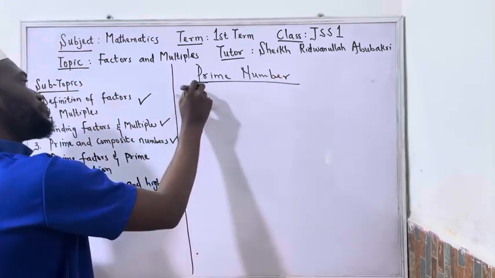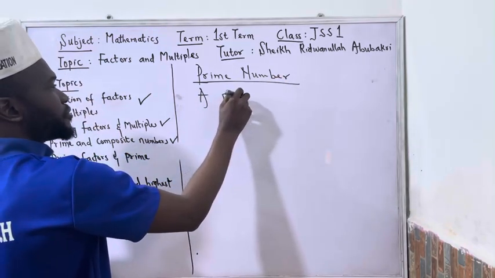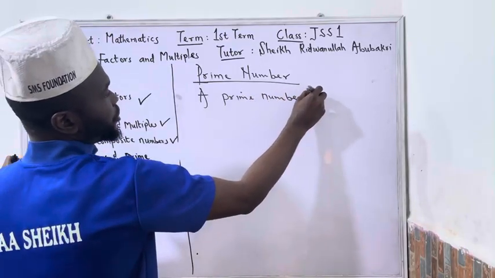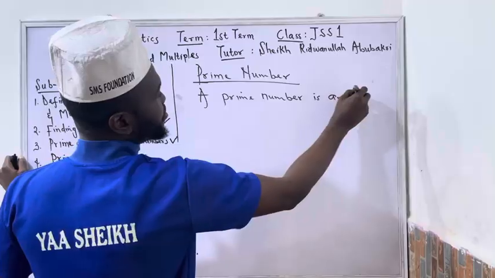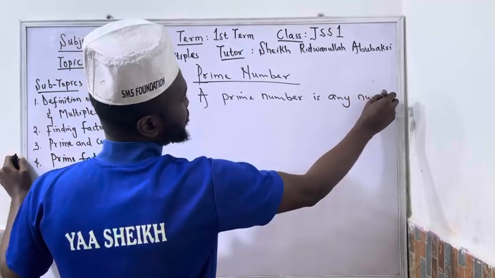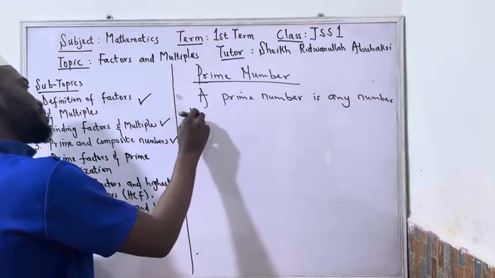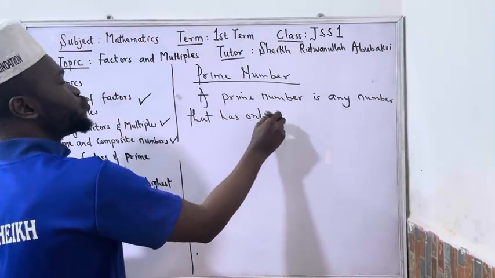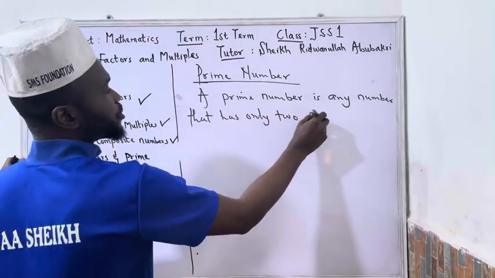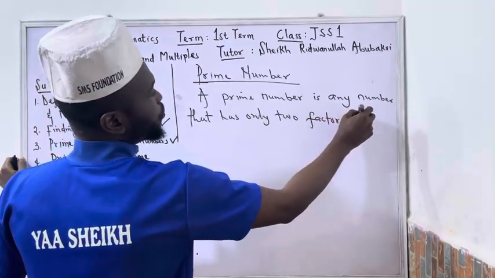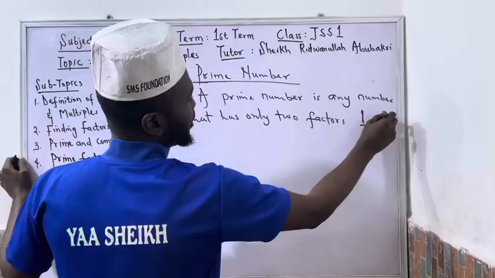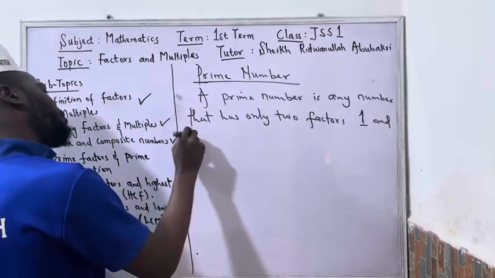So let's say a prime number is any number that has only 2 factors, 1 and itself.